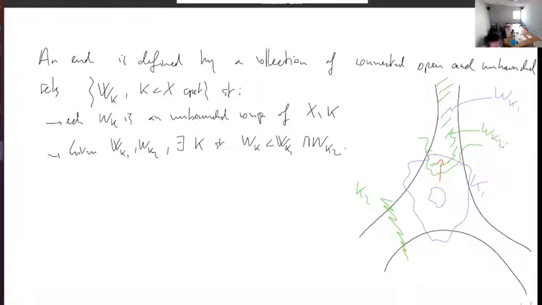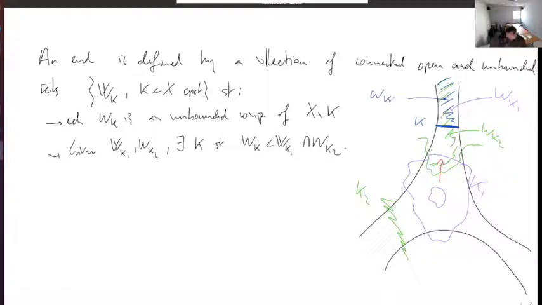Now my second condition says that given any two open sets, I need to find a third one that is included in the two. For instance, let's do it in blue. I can take as a compact set this line. This will be my K, and W sub k will just be like that.